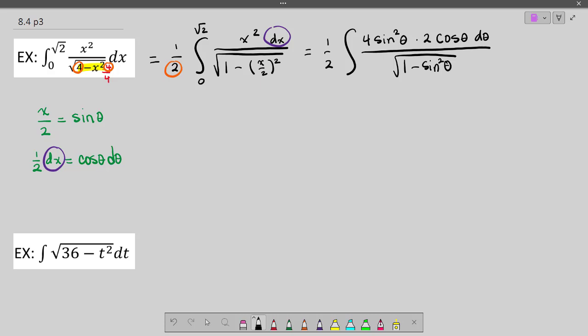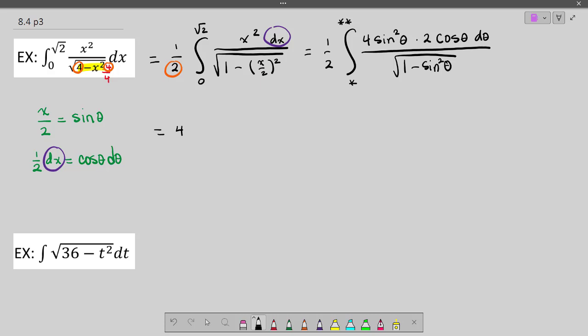Instead of converting to theta limits, do the integration with respect to theta, then do back substitution so you're back to x, and then use the x limits. So instead of actually finding the theta limits, let's just put some temporary limits up there that we don't even find, but they're not thetas, so they're not x, so we don't want to put these because they're not x's. So we were never even going to find them.